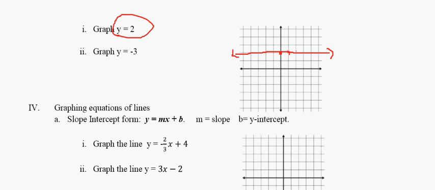Okay, notice y equals 2, which means x can be whatever it wants. So if you notice, every point on this line, the x coordinate may be different, but the y coordinate is always 2. So if I wanted to graph the line y equals -3, I'd go to -3 on the y-axis and graph a horizontal line.